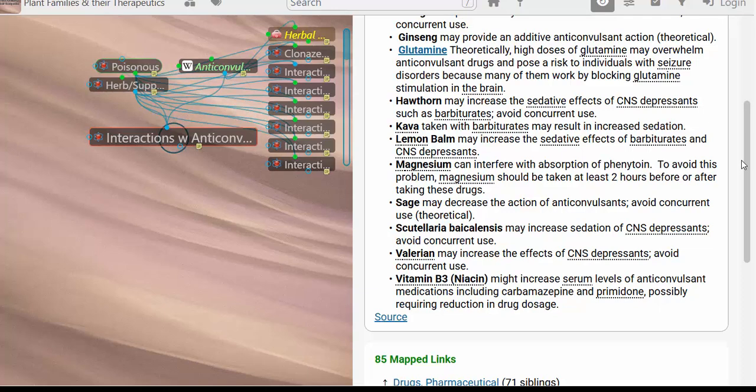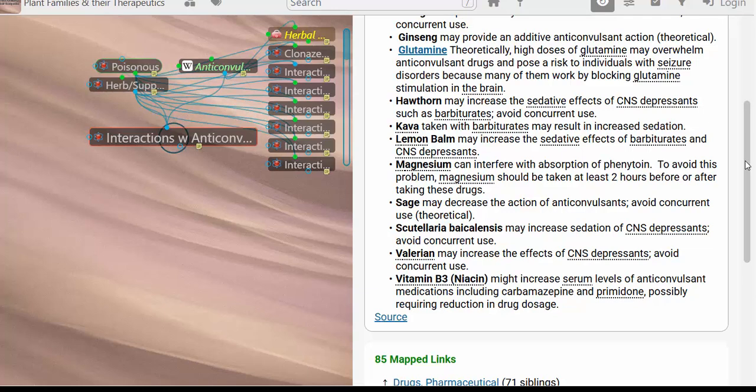Magnesium can interfere with the absorption of phenytoin, which is used as a drug. To avoid this problem, magnesium should be taken at least 2 hours before or after these drugs. Sage can decrease the action of anticonvulsants, so avoid concurrent use, and that's just theoretical.